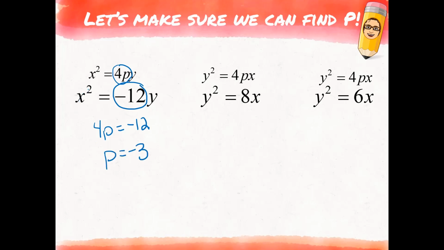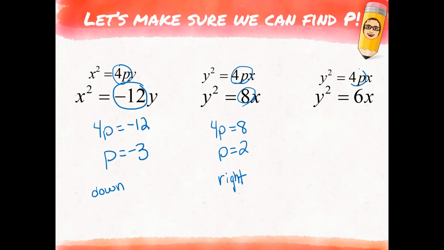Since this is an x squared and it's negative, this parabola would open down. Okay? Let's try it again. 4p is in front of the x, so it's an 8. So I'm going to say 4p equals 8. That means p equals 2. Since it's a y squared and a positive number, we're going to open to the right.